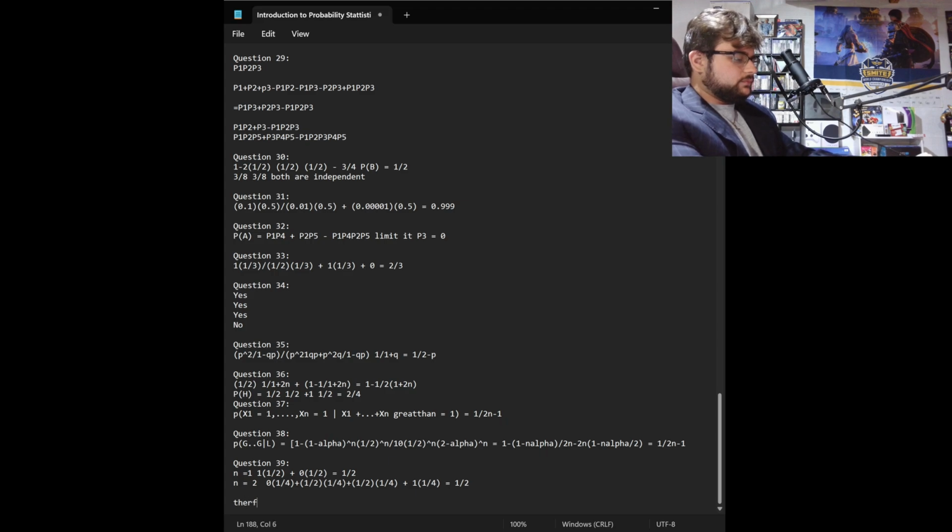Therefore, in this problem, you can say that P(all girls | girl) equals 1/2 to the power n minus 1.